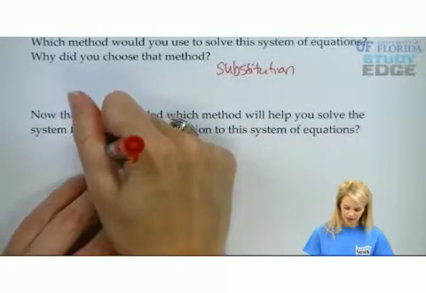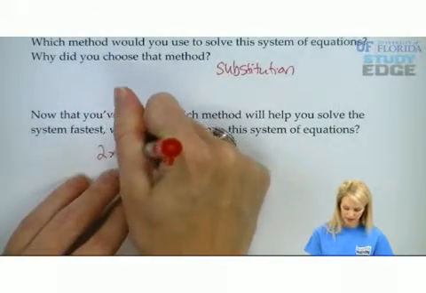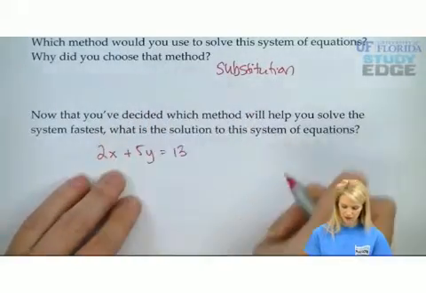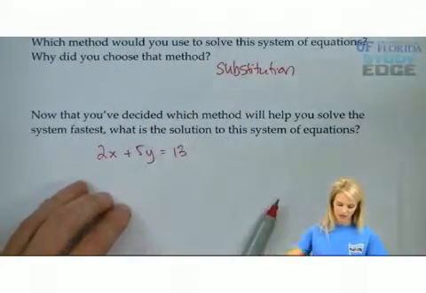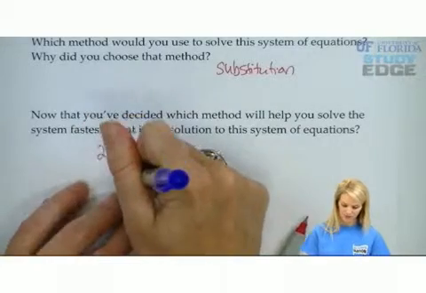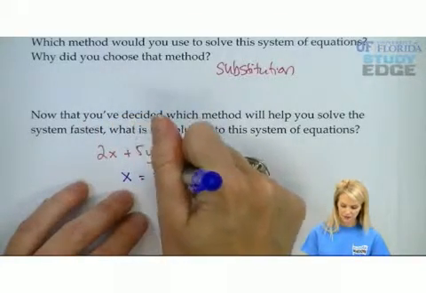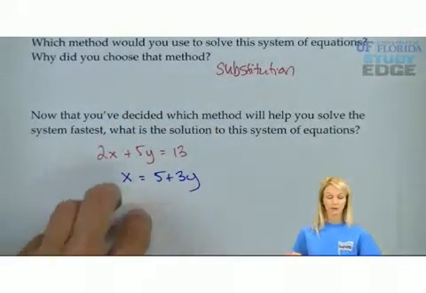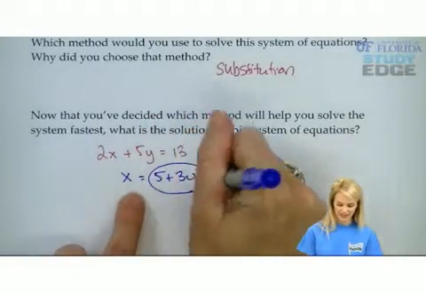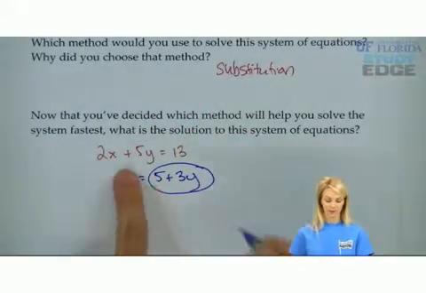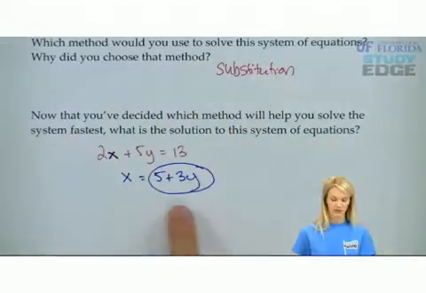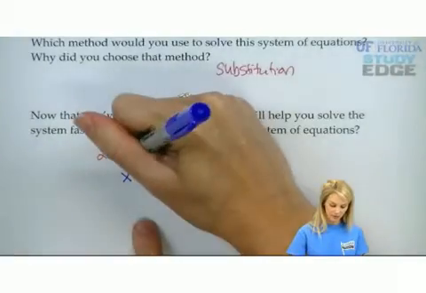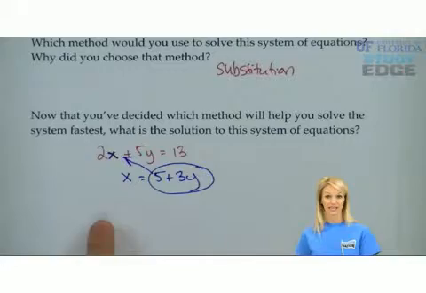Let's rewrite it. We have 2x plus 5y equals 13, and we know that x is equal to 5 plus 3y. If x is the same thing as 5 plus 3y, and I have an x in my first equation, I'm just going to plug that in where I see an x.